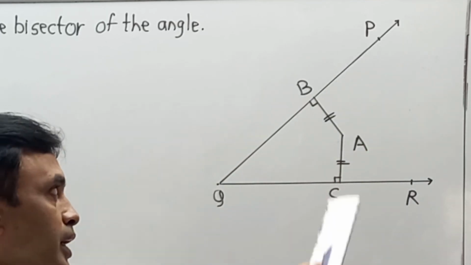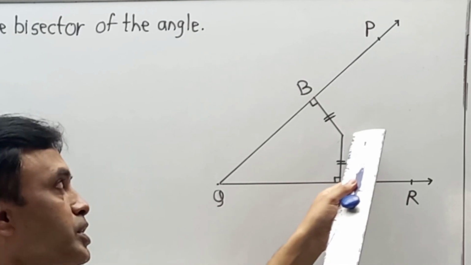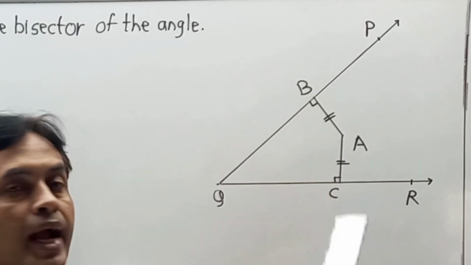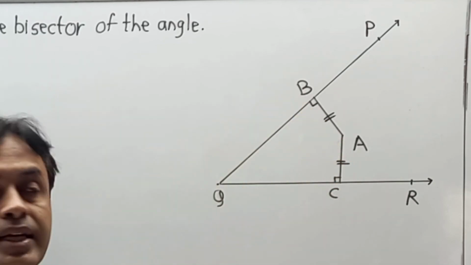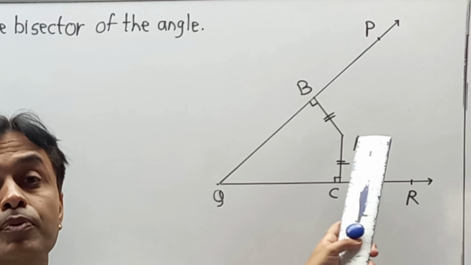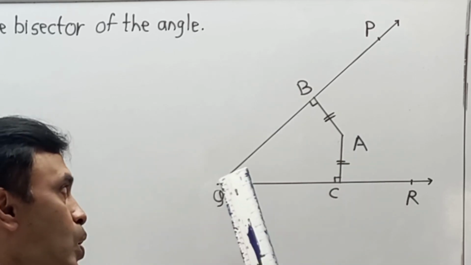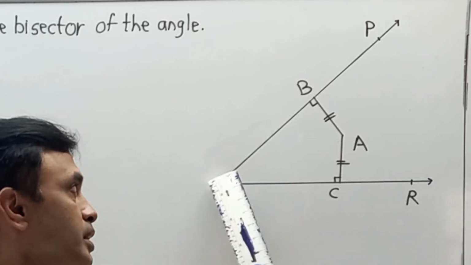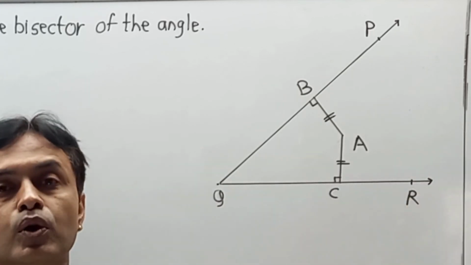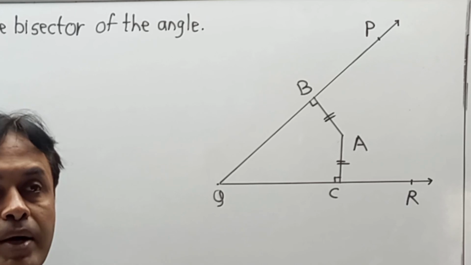Then we have to prove that this point A, which is equidistant from A to B and A to C, means as AB equals AC, then this point A must lie on the angle bisector of PQR. Means this QA, if I draw a ray, then it will act as an angle bisector.